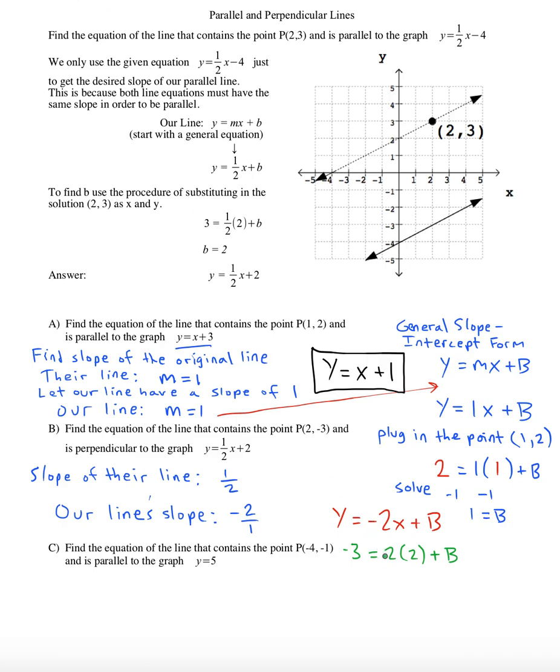So, negative 3 equals negative 4 plus b. 1 equals b. Final answer, y equals negative 2x plus 1.